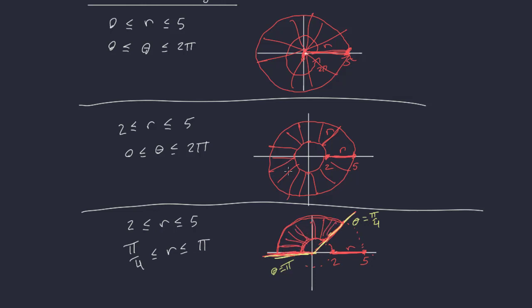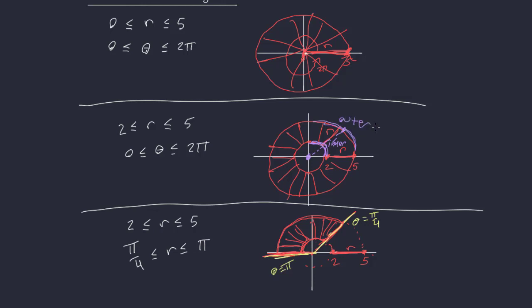Okay, so when I said before inner radius, outer radius, this is what I'm talking about, that when I go from the origin and map outwards, the first thing I'm going to hit is the inner radius, and the second thing I'm going to hit is the outer radius.